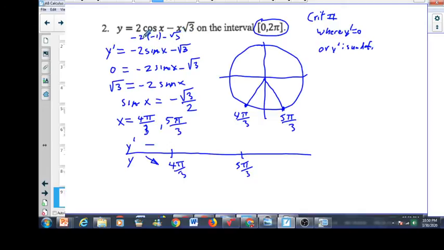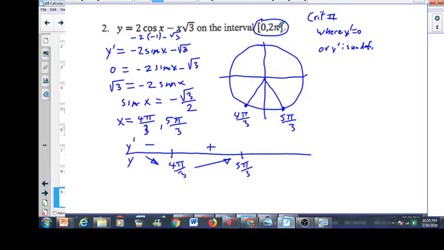So that's going to be 2 minus square root of 3, which is a positive number. So we're going to be positive in this interval, right? So our function is increasing, and then we're going to decrease because we have another change.